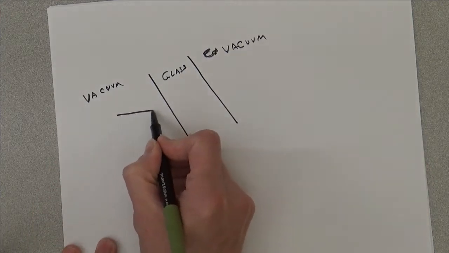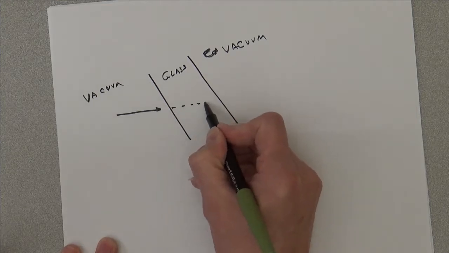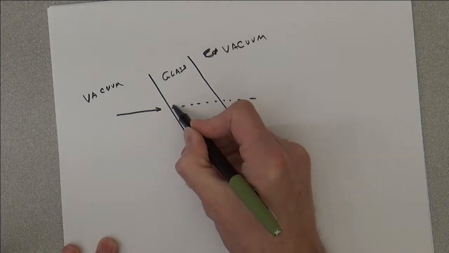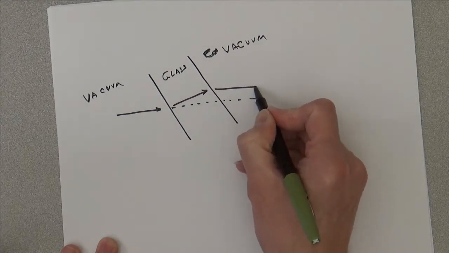As light comes in, instead of just coming out the other side, it will be refracted to change direction and then come out.